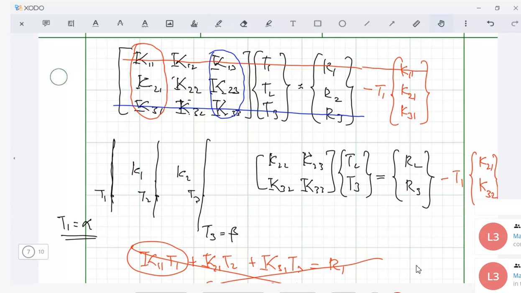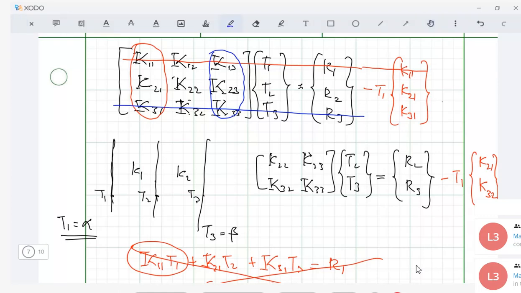And then we also need to change the blue color here, because of this: minus T3 times K31, K32, K33. And again, this equation is not used.